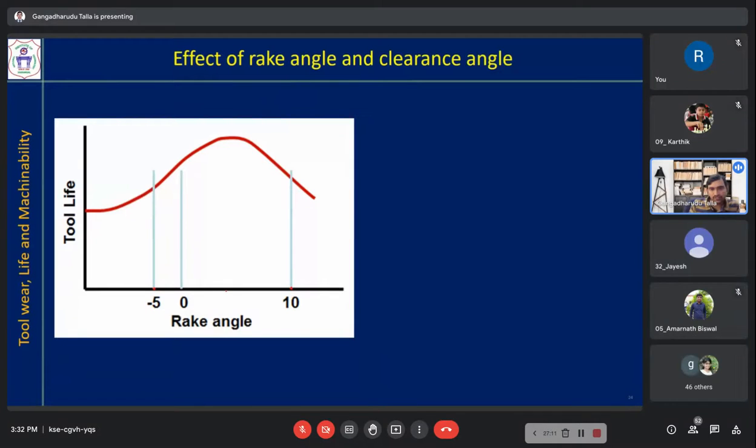If it is a positive rake angle, generally it will be somewhere around 5 to 8 degrees, and we get good tool life there. Now, if the rake angle is negative, beyond -5, that means the cutting edge is not sharp.